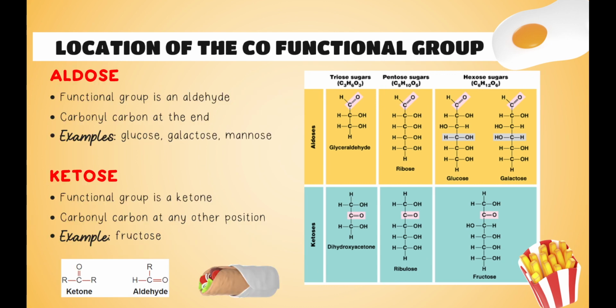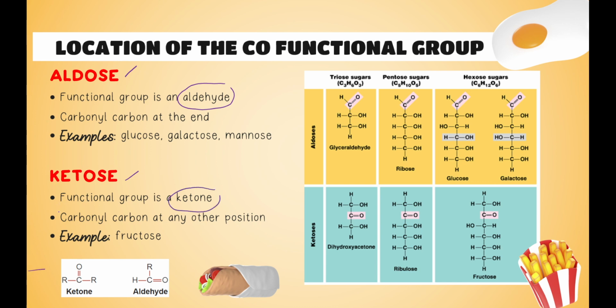Now we proceed with the location of your carbon oxygen functional group. Carbohydrates can be further differentiated by the functional group that is present in their structure. So we have your aldose and we have your ketose. In aldose, the functional group that is present is your aldehyde, while in ketose, the functional group that is present is your ketone.